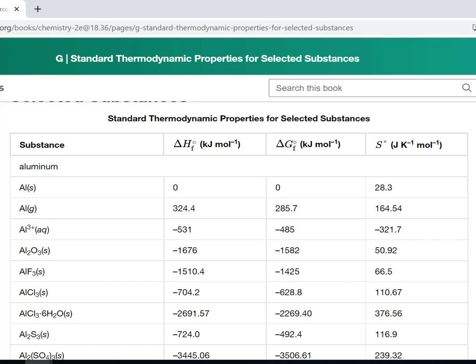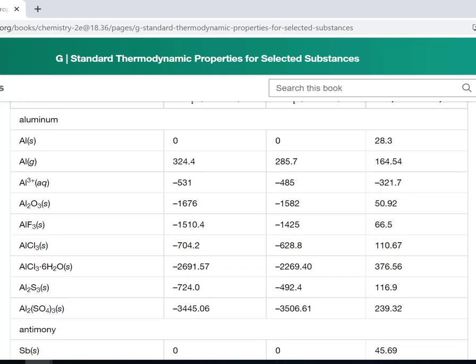But you can basically look up anything else. Do notice again, physical state does matter. So even for aluminum, we have the gas phase. That is not 0 because aluminum is a solid under regular conditions.